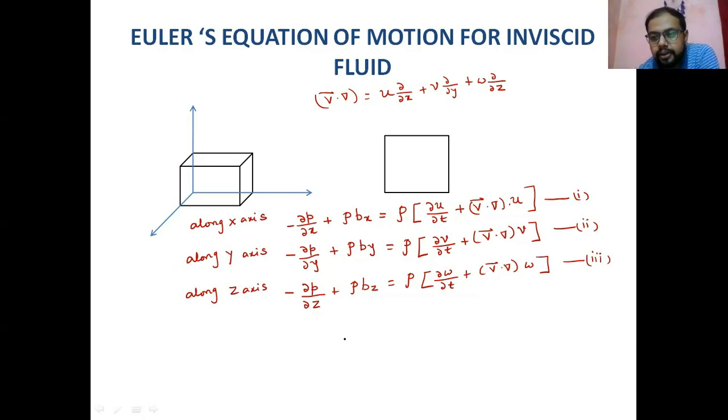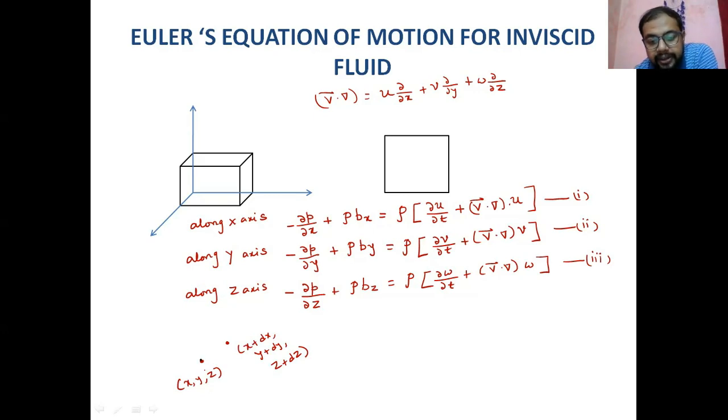Now here, we are interested to take one line element. That means two very close points we are taking. The first point, let its coordinates be x, y, z, and the second point x plus dx, y plus dy, and z plus dz.